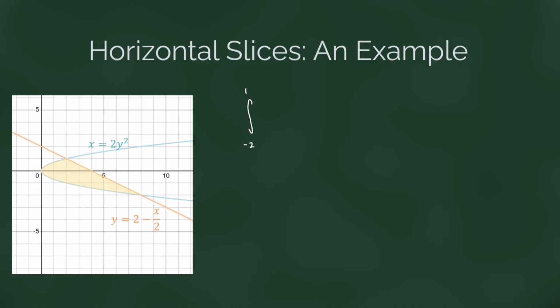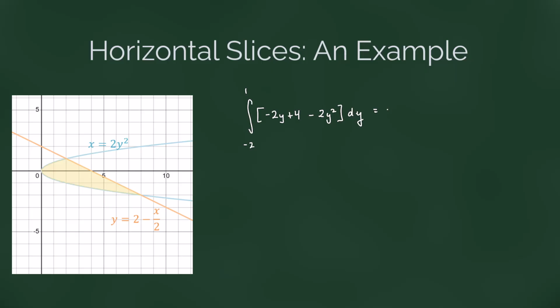Putting this all together, we see that our area is going to be the integral from negative 2 to 1 of our right-hand function, which is negative 2y plus 4, minus our left-hand function, which is 2y squared, dy.